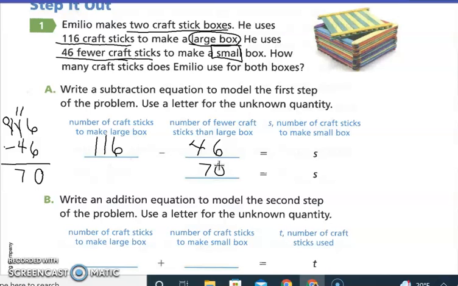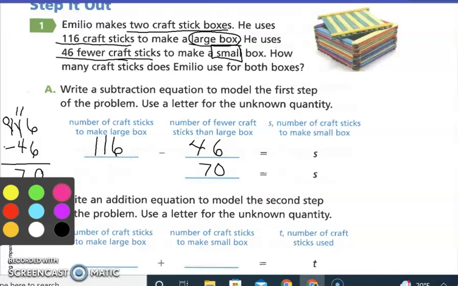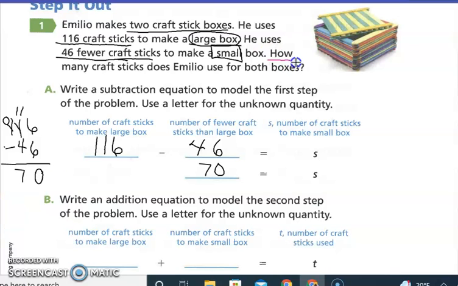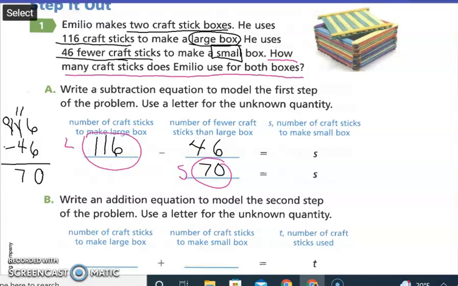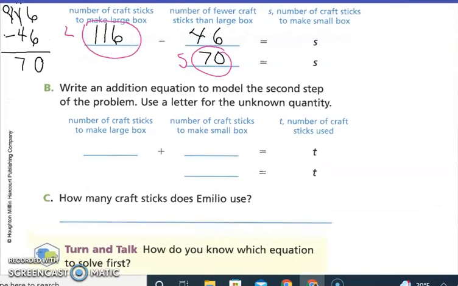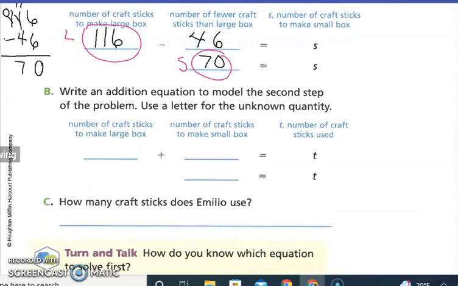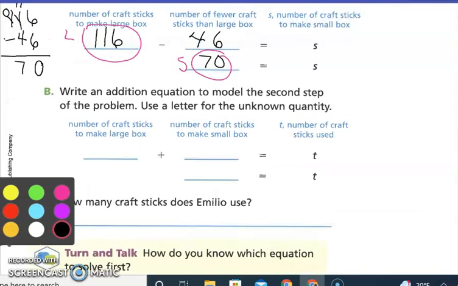Okay? The real question, though, is how many craft sticks did Emilio use for both boxes? So now we have that, right? This was our large box, and this is our small box. It says write an addition equation to model the second part of the problem.